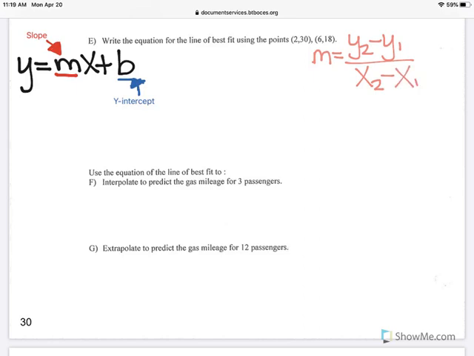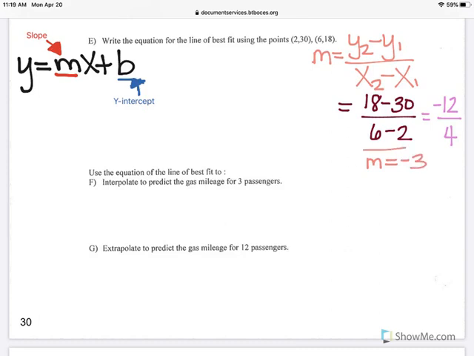And from the points (2, 30) and (6, 18), we know that 18 and 30 are my y's, and 6 and 2 are my x's. So I'm going to start with my y's on top, 18 minus 30, divided by my x's, 6 minus 2. Now that will simplify to negative 12 divided by 4, and so I end up with a slope of negative 3.